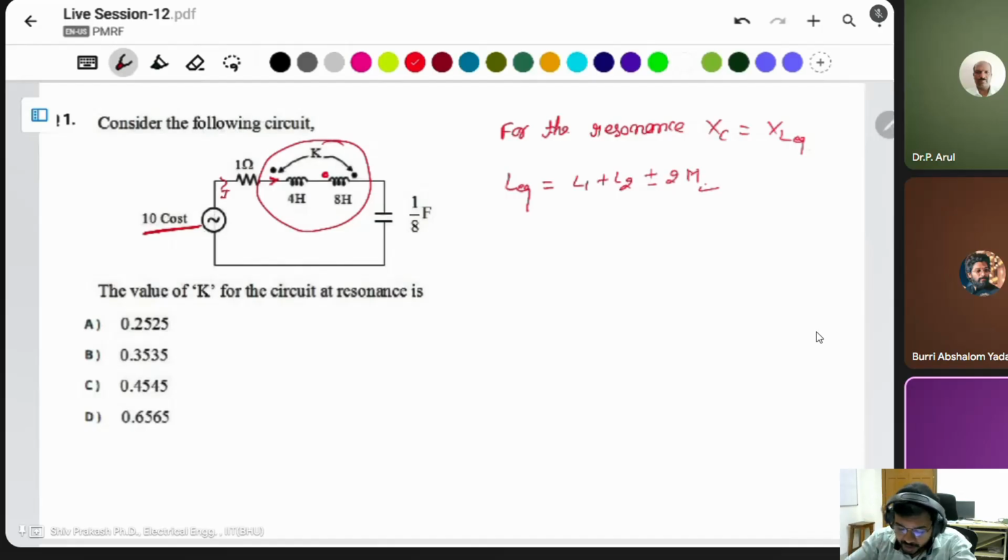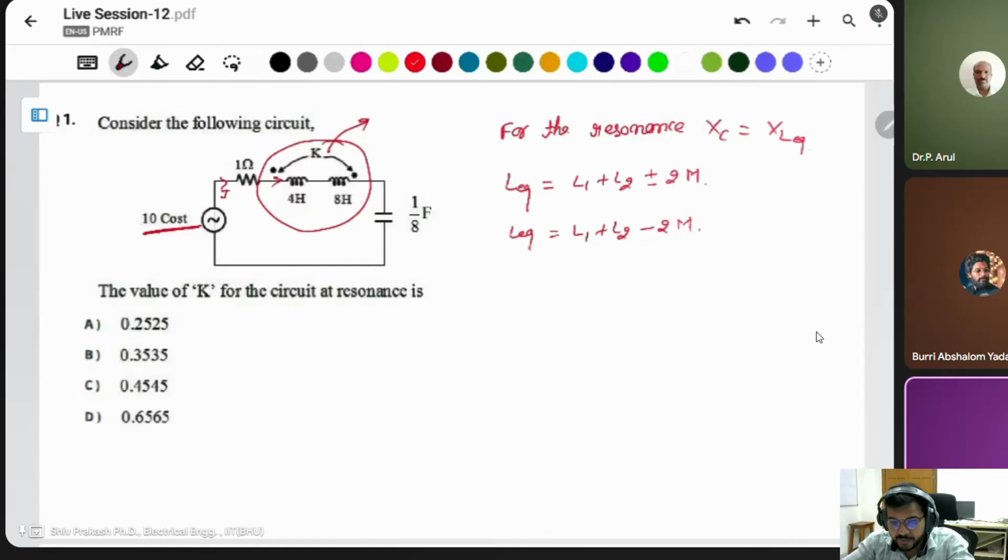But here the dot is opposite. One current enters with the dot, and the other leaves from the dot. That's why there is a negative. Then the equivalent is L1 plus L2 minus 2M. But L1 and L2 are given and you don't know the mutual inductance. Only the coupling coefficient K is given.